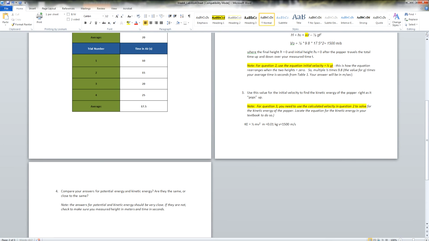So to calculate KE now becomes half times 0.01 times 1500.